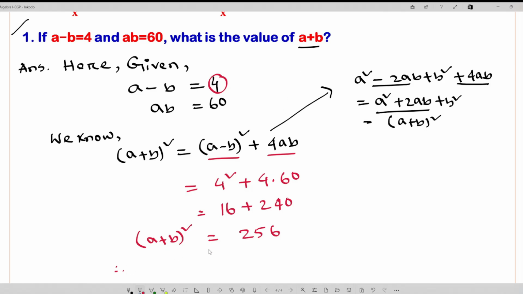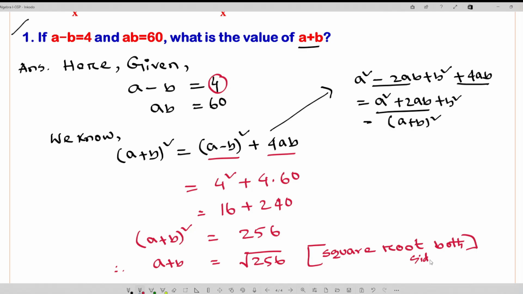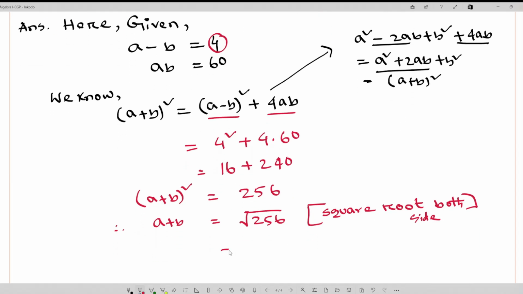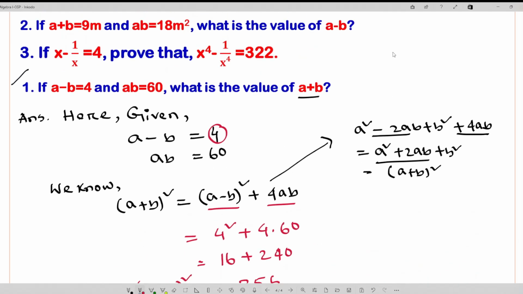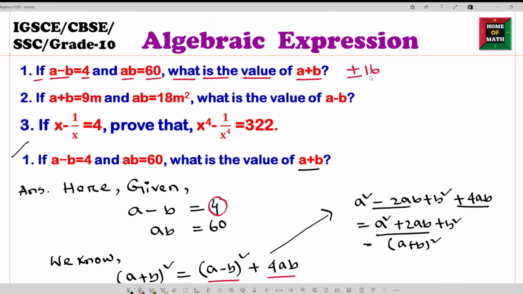So once we square root both sides, a plus b equals square root of 256, which gives plus minus 16, and this is our answer. So first question answer done, which is plus minus 16.